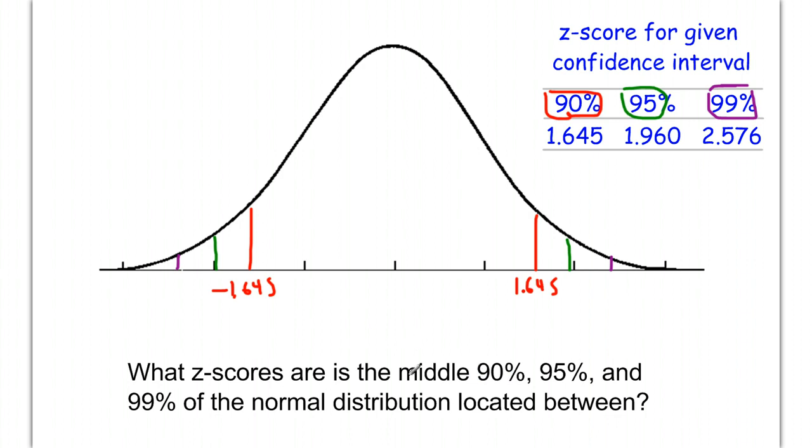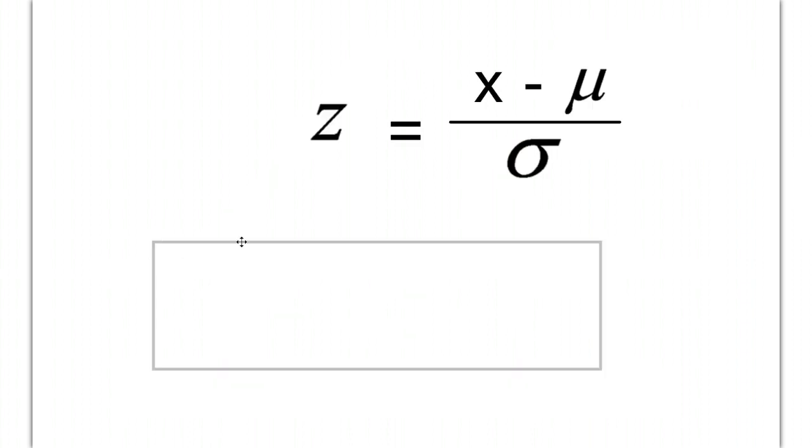So these z-star values allow us to make predictions on where our data is most likely to fall. If you remember the z-score equation, z is equal to our value of interest x minus our mean, divided by the standard deviation sigma.